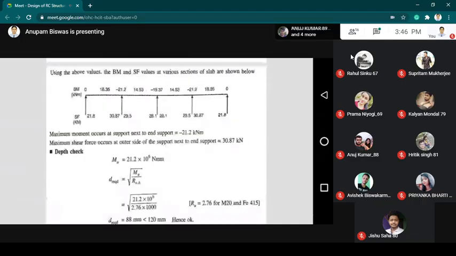Next is to find the corresponding bending moment and shear force values by using these coefficient values for every slab section.